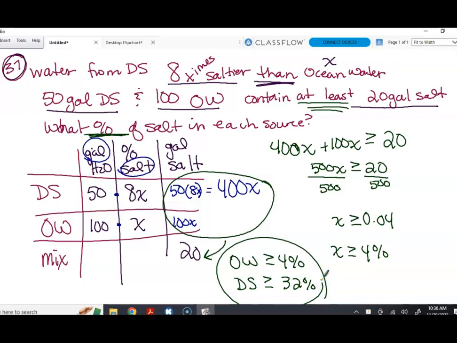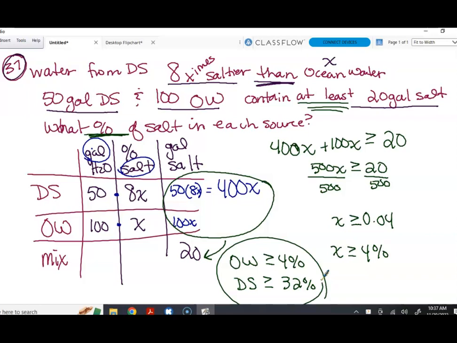Because again, when we're mixing these concentrations, we're not adding their concentrations, right? 32 plus 4 to get 36% concentrate. It's not, it's actually weaker than that. I just had this conversation with my son the other day about mixing two different chemicals.